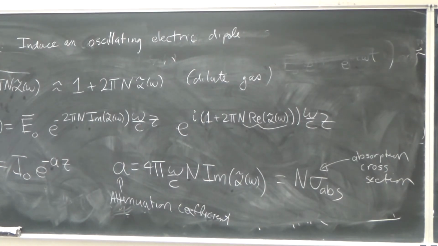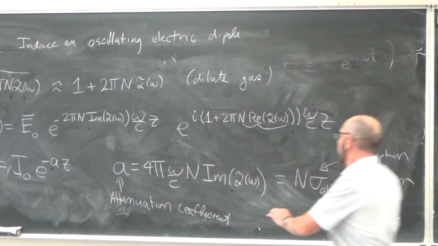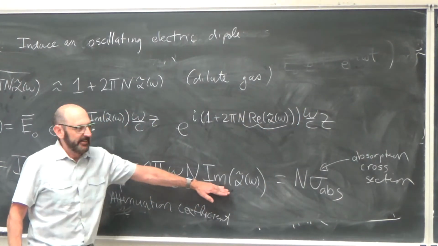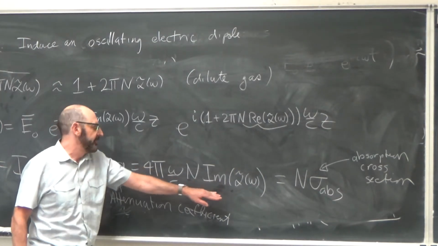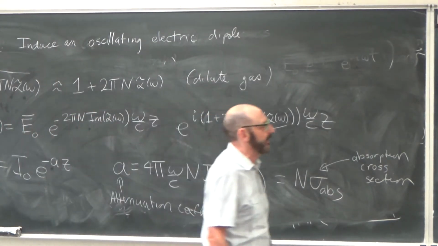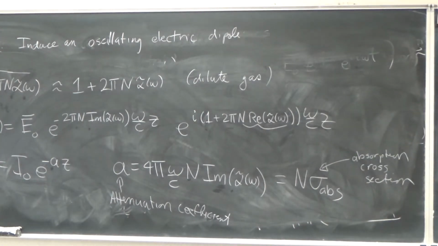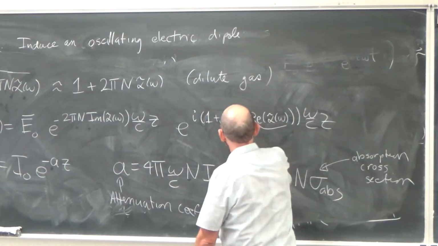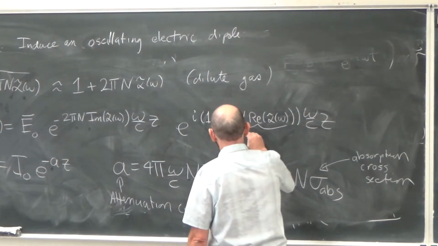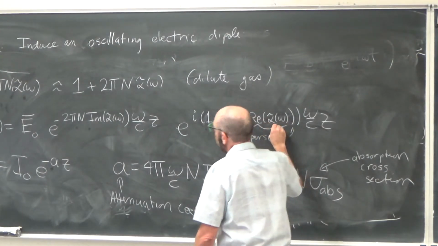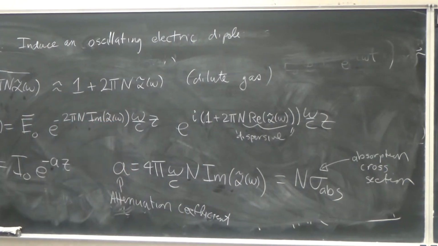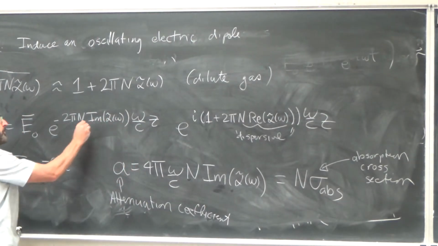And so the absorption cross-section is proportional to the imaginary part of polarizability. The proportionality constant depends on the wavelength or length. All right, so the real part of alpha has to do with dispersion, a dispersive response, having to do with a phase. And the imaginary part of alpha has to do with absorption.